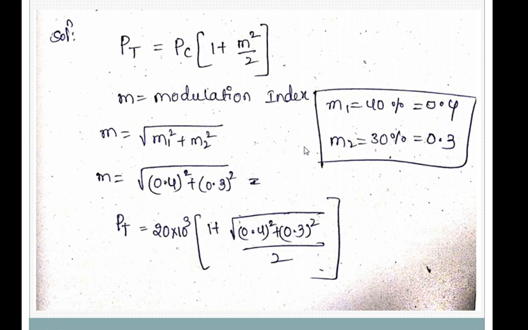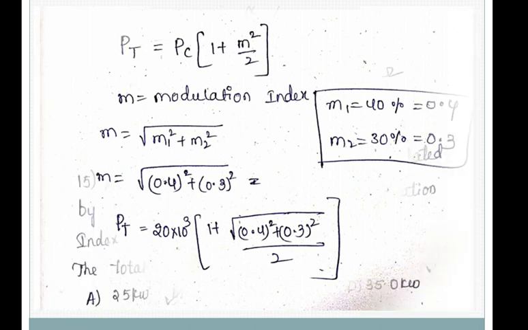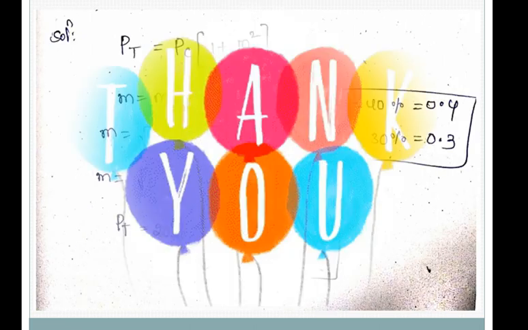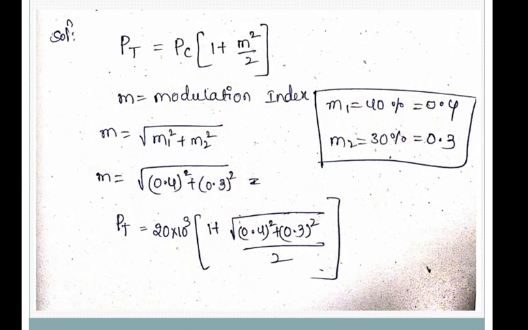The overall modulation index formula is the square root of m1 square plus m2 square. So you get some value, and after that you substitute all the values. The answer for this one is 22.5 kilo ohms. So I hope you understood something from these questions.